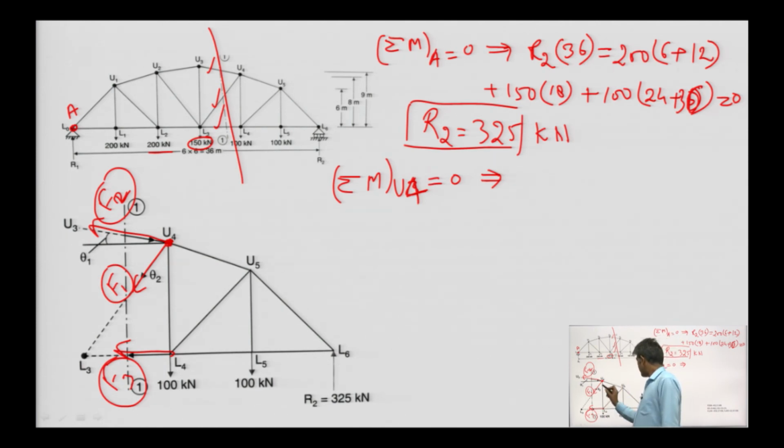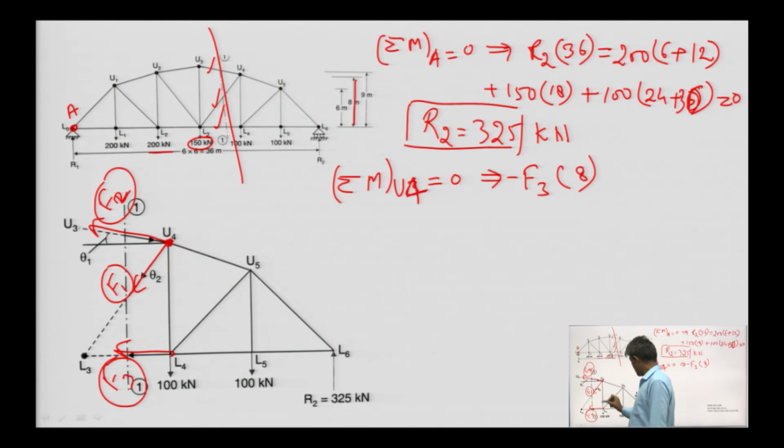So, the forces to be considered are F3, 100, and this one. F3 into perpendicular distance, which is 8 meter, so F3 into 8, and this direction is clockwise, take it as minus.